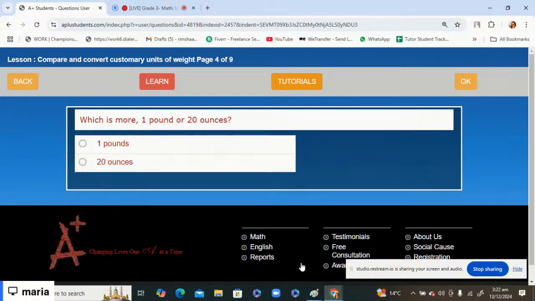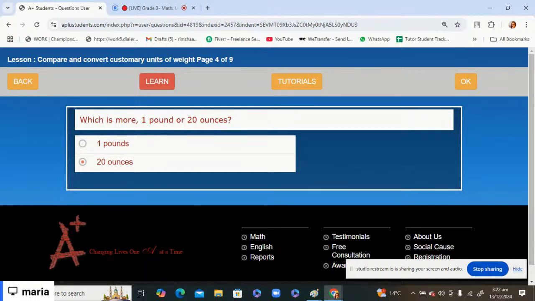Which is more, 1 pound or 20 ounces? As we know, 1 pound is equal to 16 ounces. So here 4 is left. You guys tell me, is 1 pound greater or 20 ounces greater? So 20 ounces is greater as compared to 1 pound.